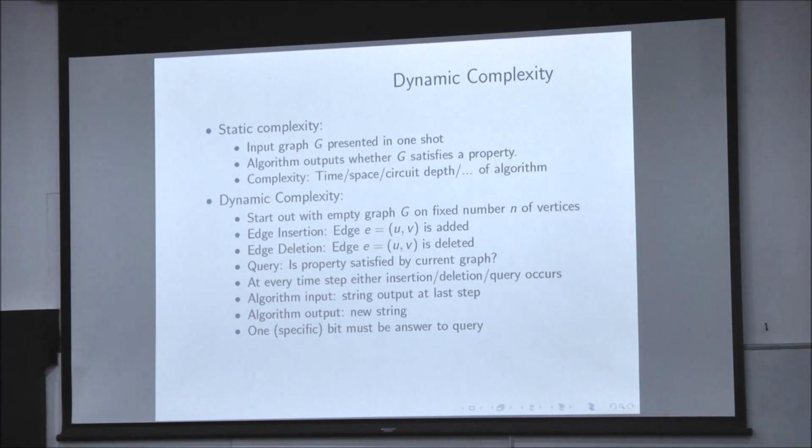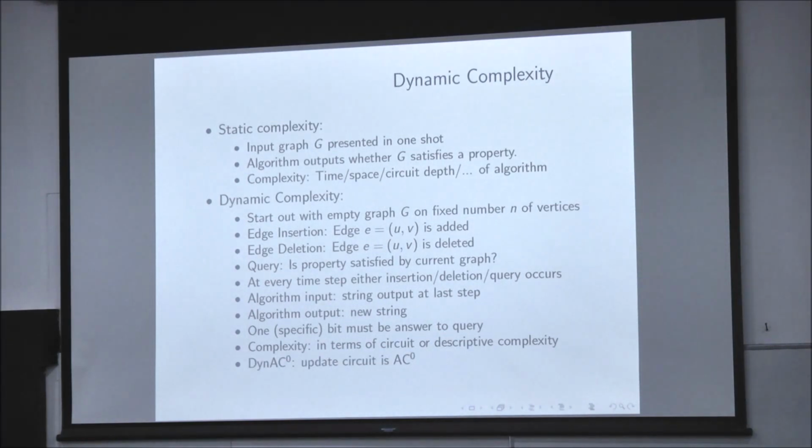So you can use these bits to store intermediate results, and at every step, one of the bits is the answer that you want. And the complexity is very naturally measured in terms of the circuit or descriptive complexity of this one-step update algorithm.